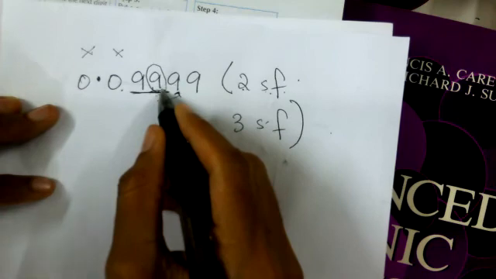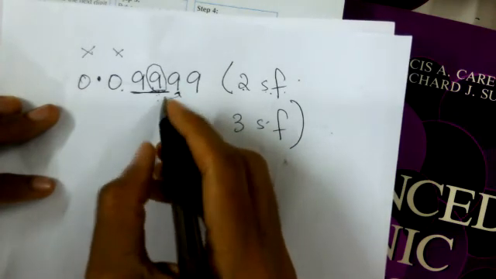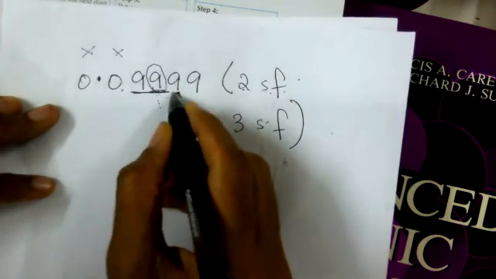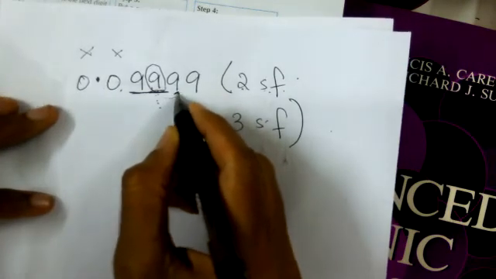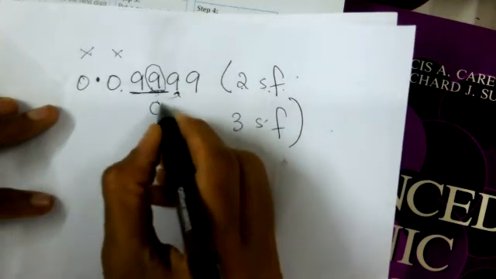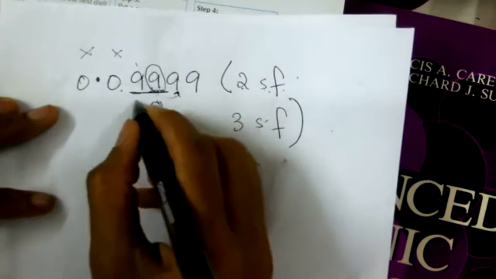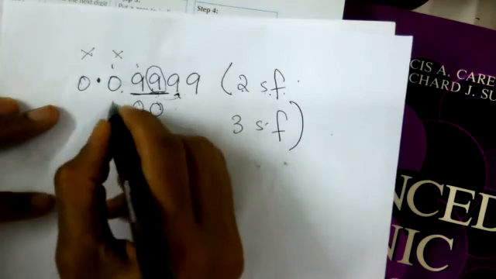We underline the second 9 and put a dot under the third one. We will see if the third digit is bigger than 5 or is 5. It's 9, so it's bigger. The answer would be 10, carry 1. Then the other answer will be 10 as well, so another carry 1. So the answer would be 0.1.